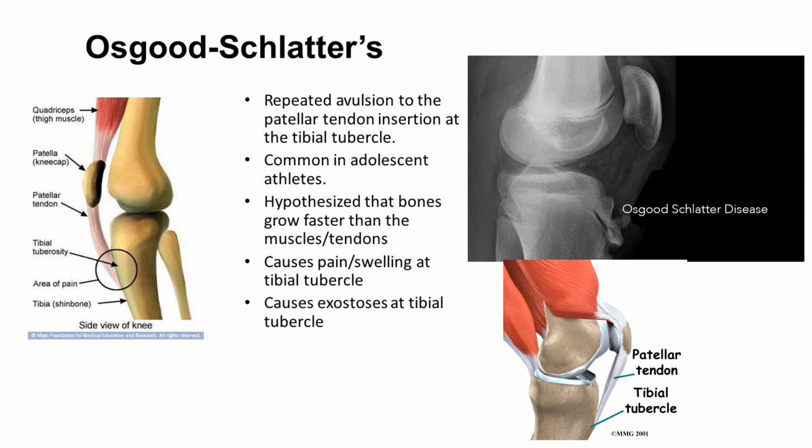So take a good look at the tibial tubercle. The tibial tubercle will be in varied degrees of avulsion, separation, or fracture. So that is Osgood-Schlatter disease.